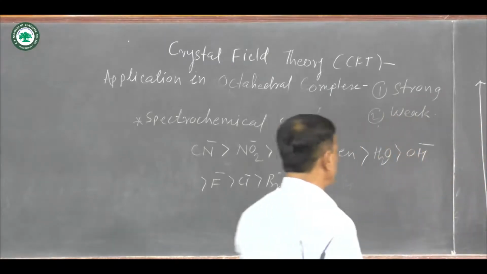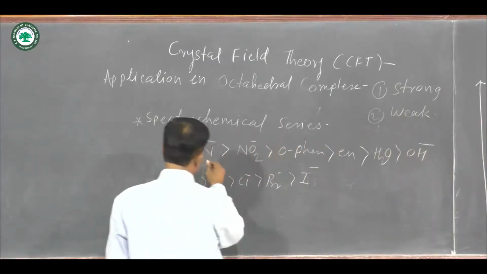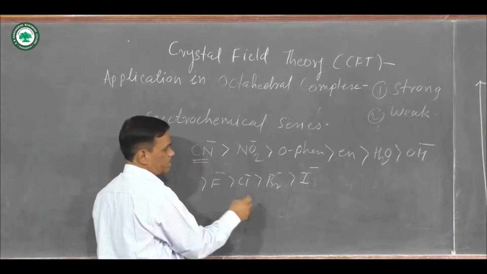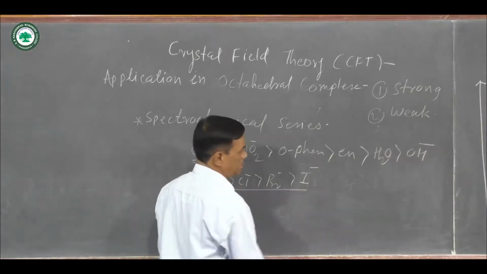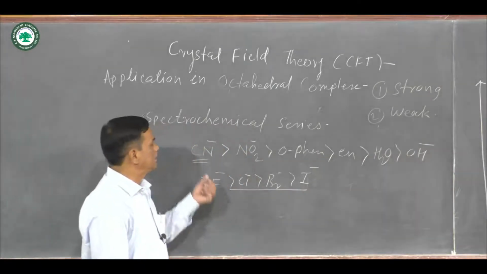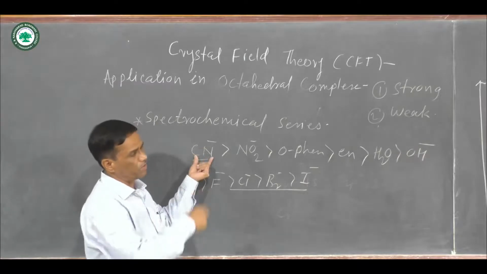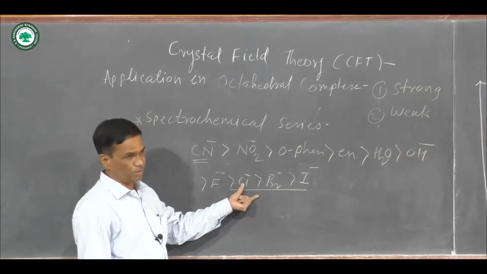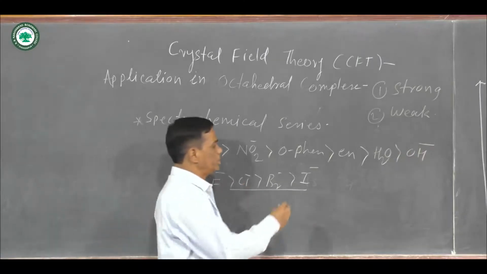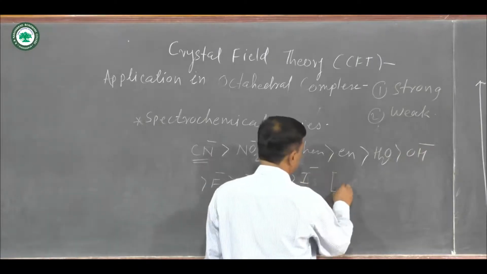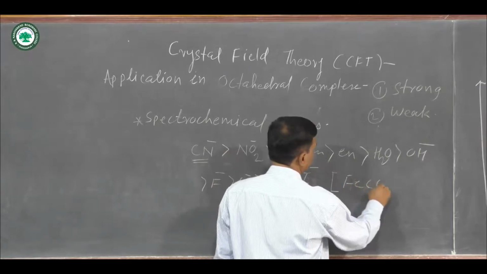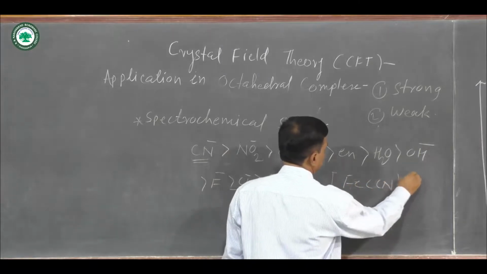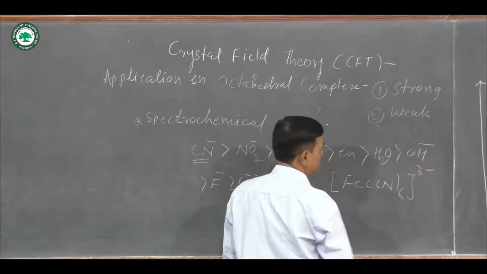In the spectrochemical series, the position of cyanide ion is first and halides are at the end. That indicates cyanide forms strong field complexes and halides form weak field complexes. Suppose there is a formation of the [Fe(CN)6]3- complex ion.